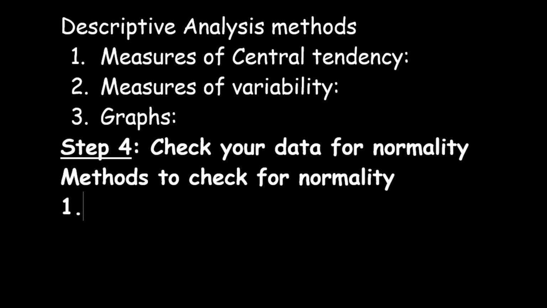One, we have the histogram. The histogram is a graph that shows the distribution of a variable. If the histogram is bell-shaped and symmetrical, the data may be normally distributed. 2, we have the normal probability plot.